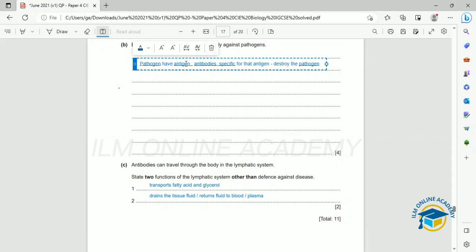Antibodies are complementary, specific for that antigen. So antibodies lock onto that antigen, and they have a complementary shape for that antigen.